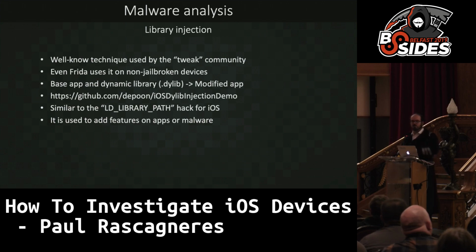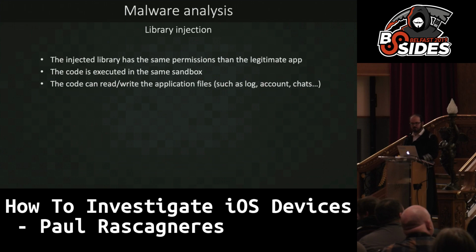For the attacker, it's really useful because he doesn't have to write the original application. He takes the real one and simply injects a library inside it. So for users, it's really hard to detect whether it's the real one or not, because in fact it's the real one, patched. You have open source projects that explain how to do this. It's not really complicated.